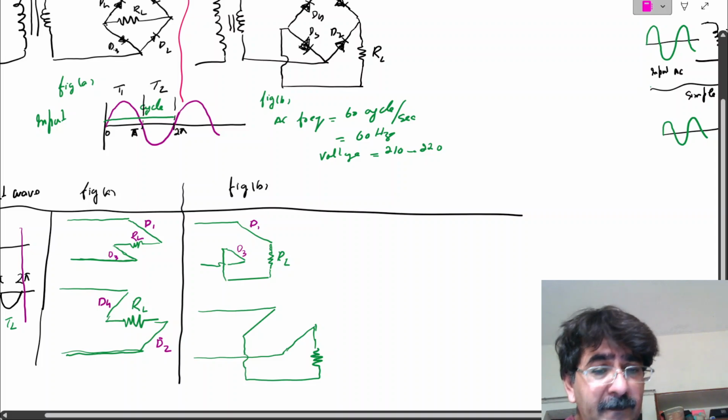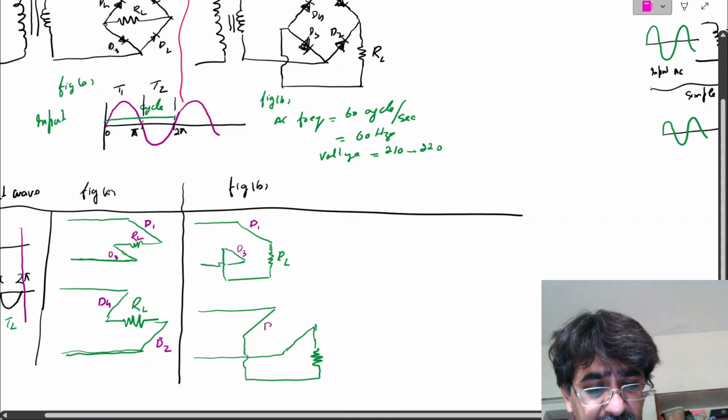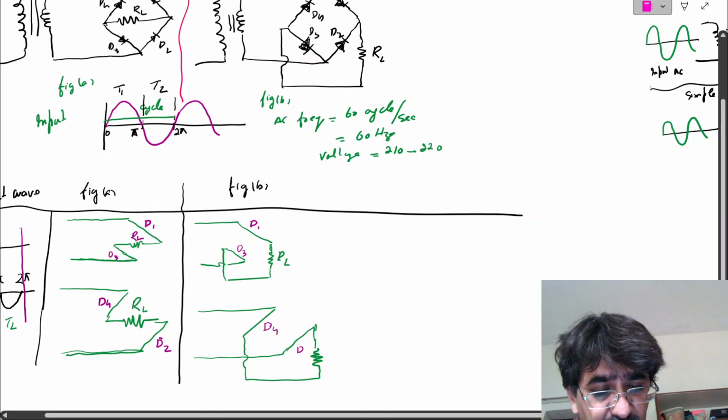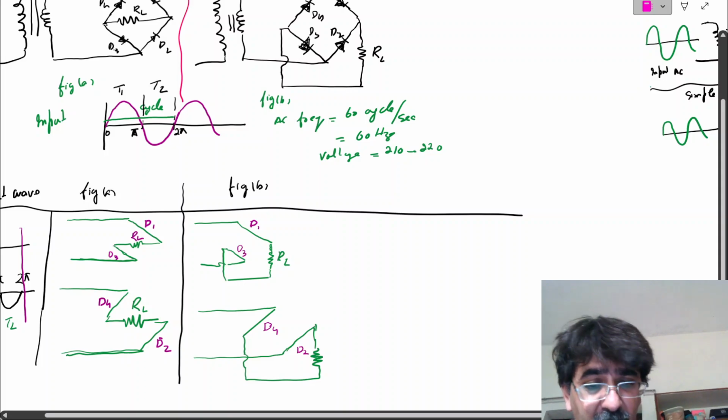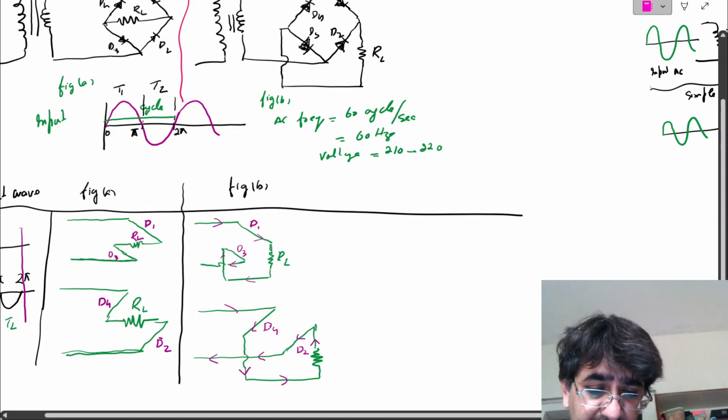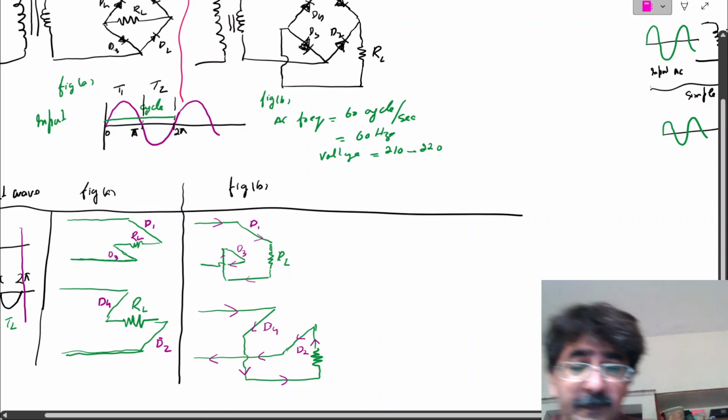Firstly the incoming negative ripple passes through D4, then after passing through the load resistance it moves toward D2, which is forward biased, and then it moves this way. So these are the equivalent circuit diagrams for the other Fig B.